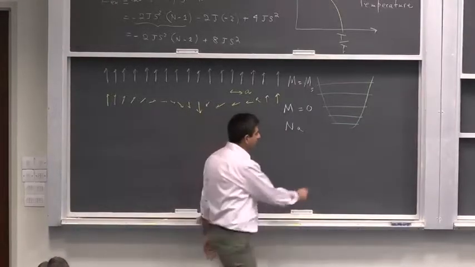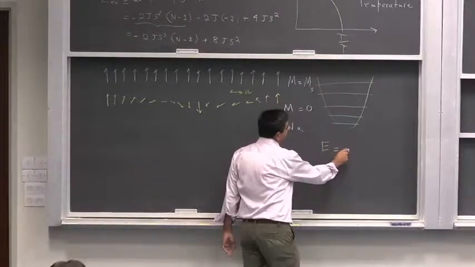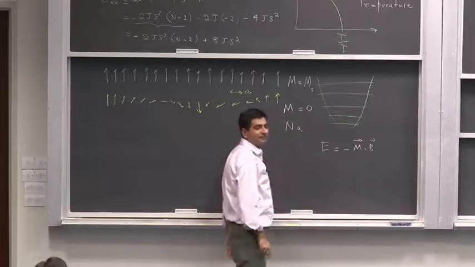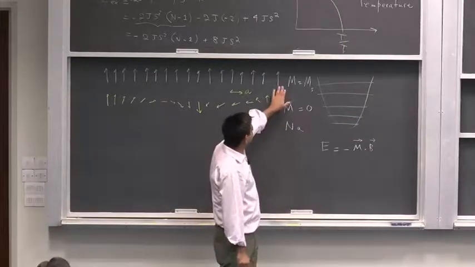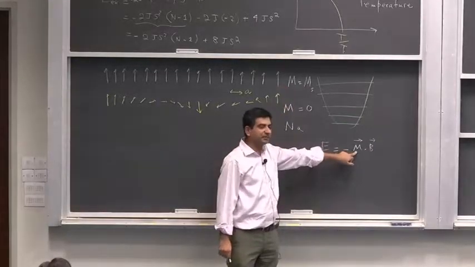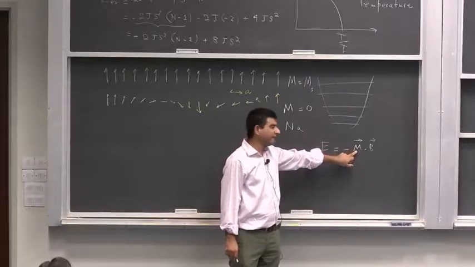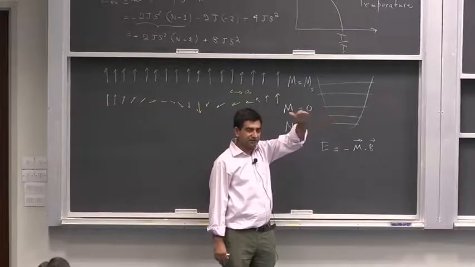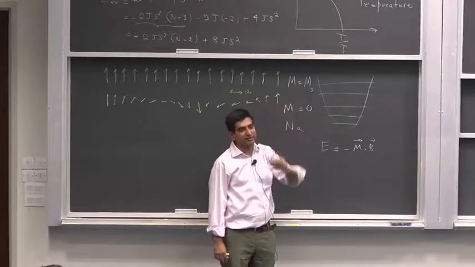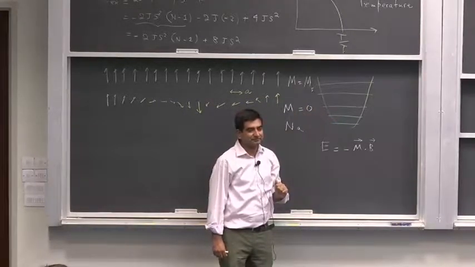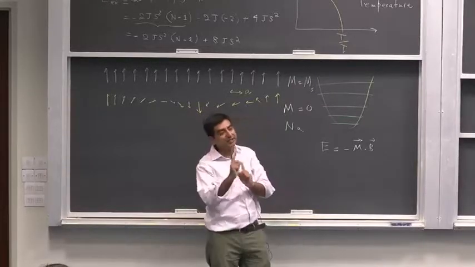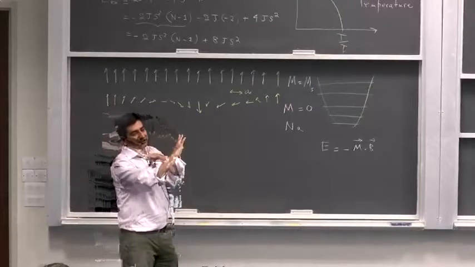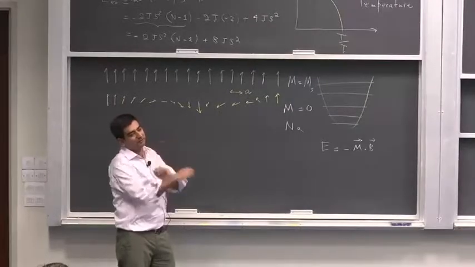Right? So we know that the energy is given by minus M dotted with B. So this is the lowest energy state in which M is maximum. If M goes to 0, it's the highest energy state, which is pegged at energy 0. So it's a very high energy state. However, from an exchange perspective, if you look at two neighboring spins, the angle between these spins is really, really small.